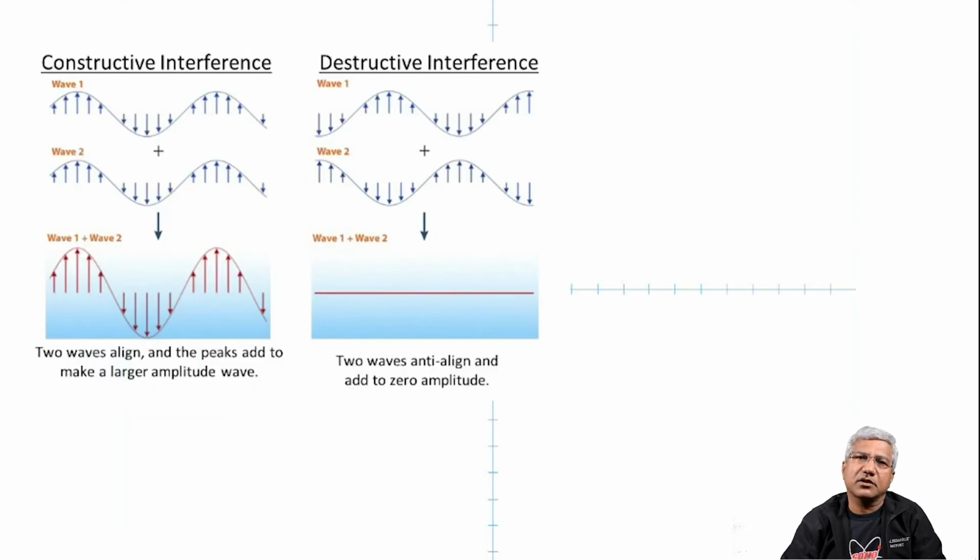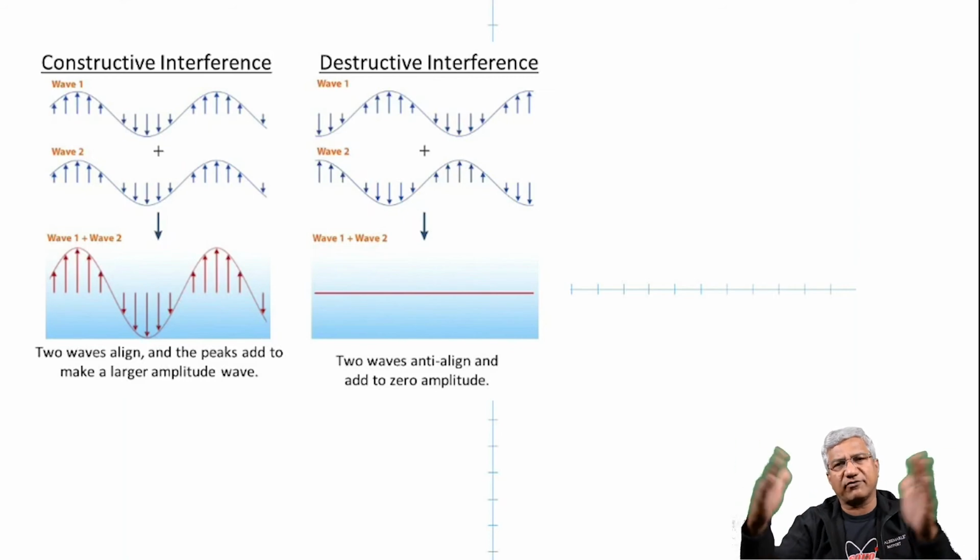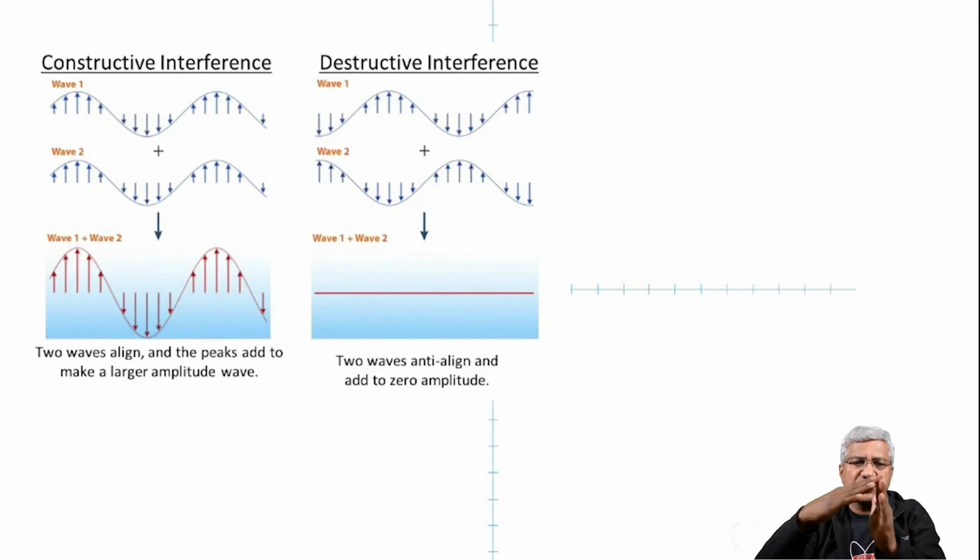Interference. Interference is when you have two light rays, or two waves rather, coming together. And they may interfere constructively or destructively. If the two waves are in phase, like you see wave 1, wave 2, they rise and fall together, they are absolutely in phase, then you get constructive interference.